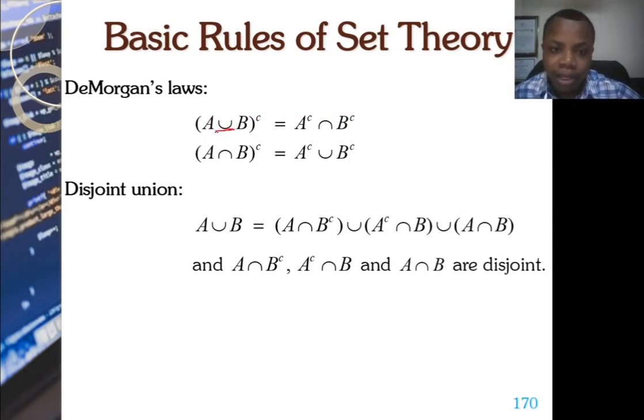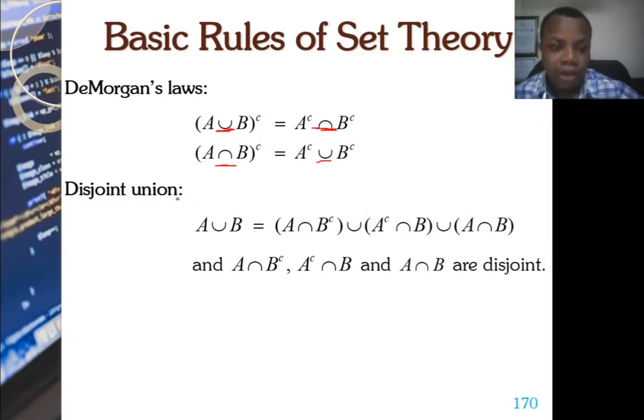Remember the operation here changes. Now, if we have A intersection B, complement, this is the same as A complement union B complement. And remember these signs change too, just like when raising to their powers. So keep that in mind.